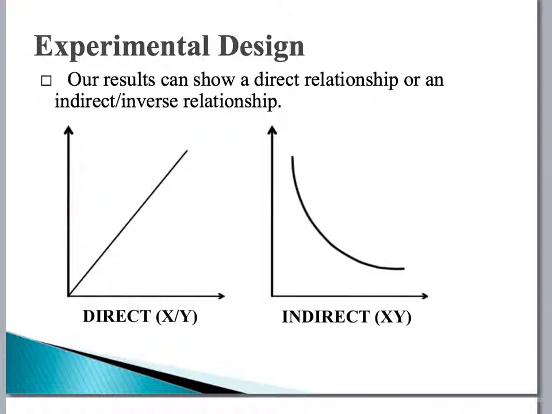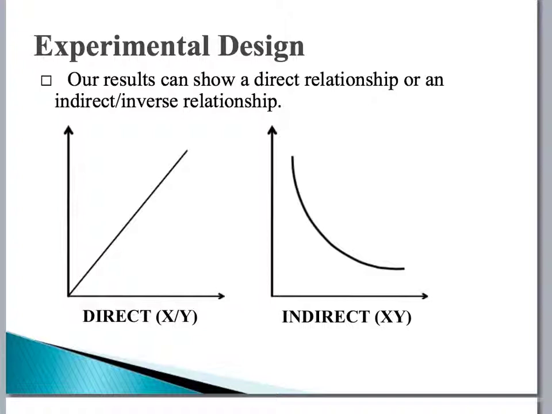Also, with experimental design, our results can show either direct relationships, where that line is going straight up, and then it could also go down. Don't think that couldn't happen, but what they're looking for is a direct relationship. As the variable changes, it goes continually up or continually down.